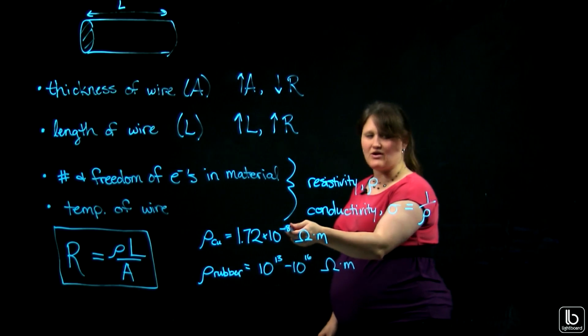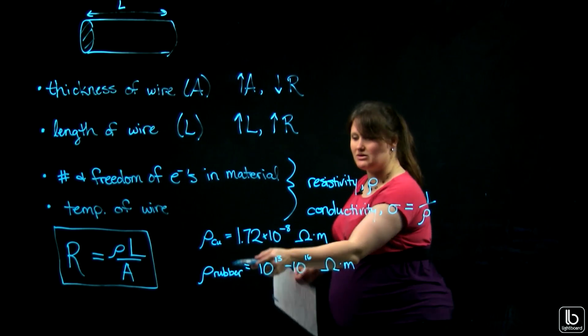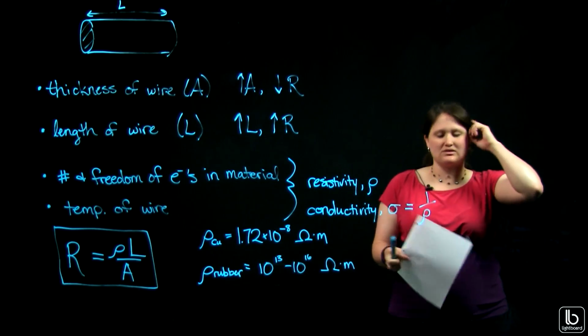So this is a very small number. This is a very large number. So this is the kind of range we're looking at when we're talking about resistivities.